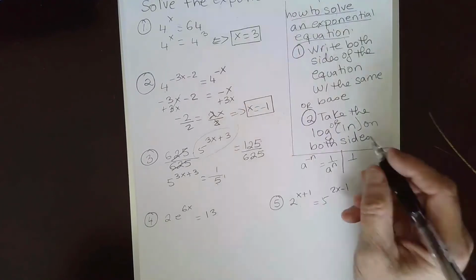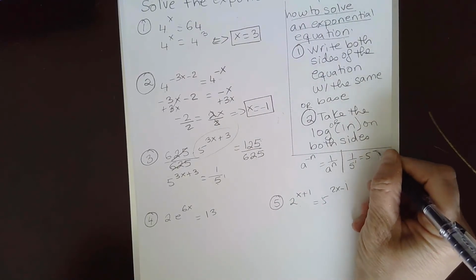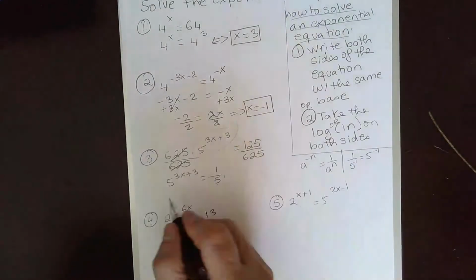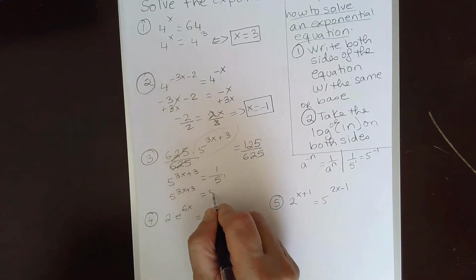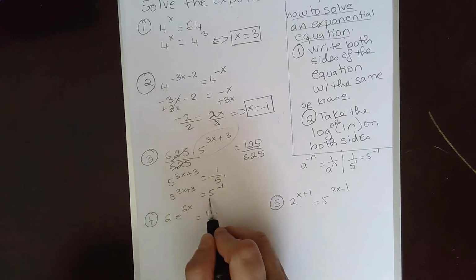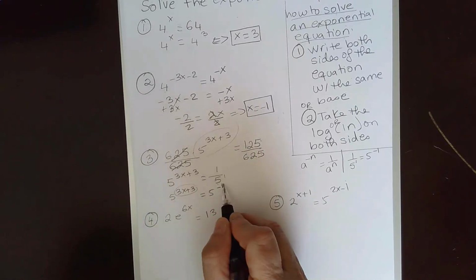So what we have here is 1 over 5 to the 1, that would be 5 to the negative 1, right? So now we have 5 to the 3x plus 3 equals 5 to the negative 1. And we just wrote both sides of the equation with the same base, 5. And now we set the powers equal to each other.